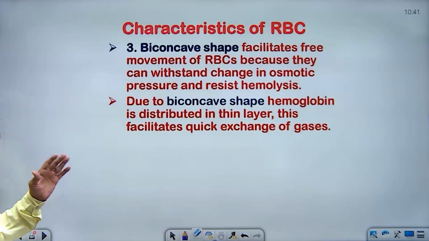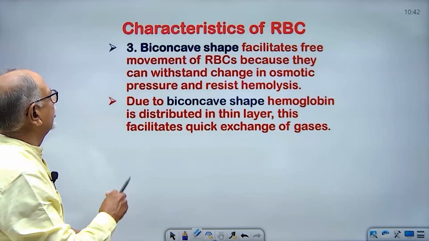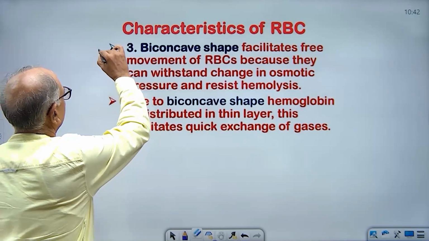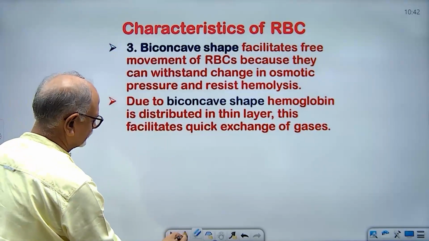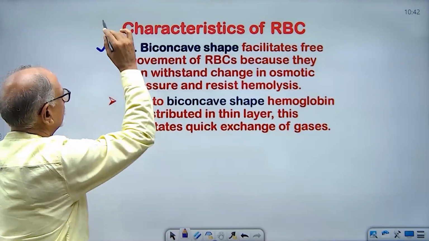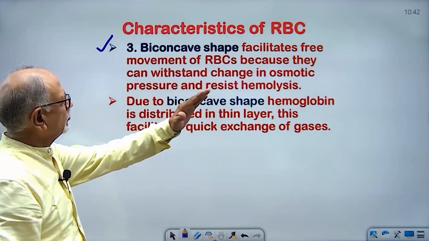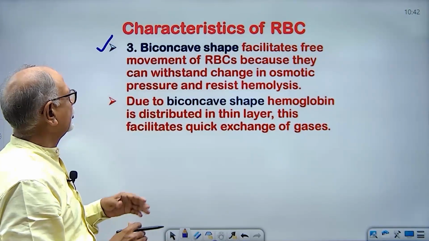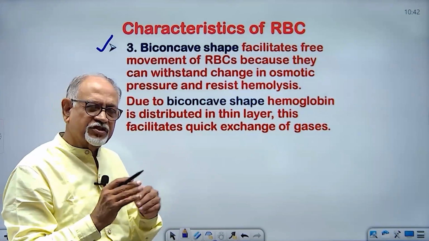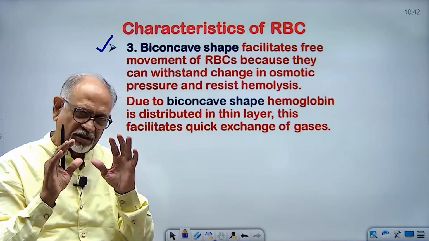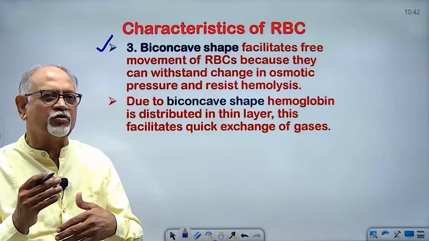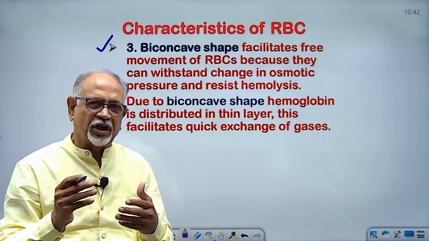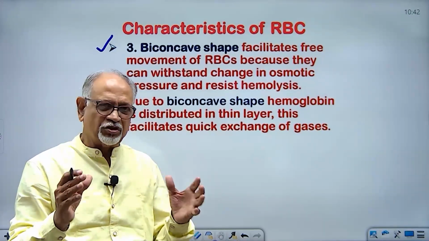Now, another important characteristic of RBC is their biconcave shape. This biconcave shape facilitates the movement of RBCs, and they can withstand the pressure when they pass through the tortuous network of capillaries through the organs.